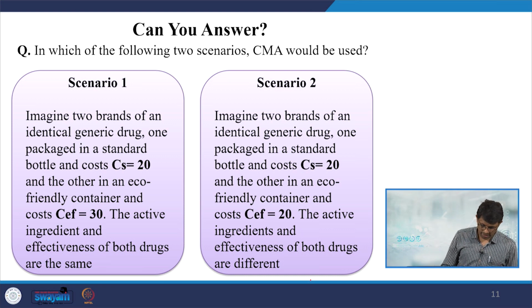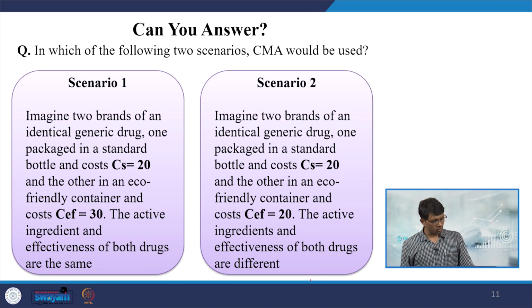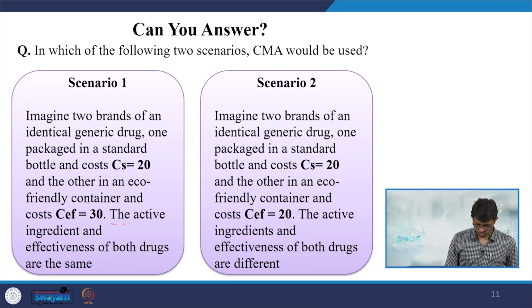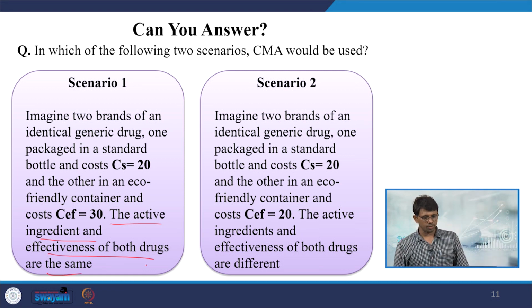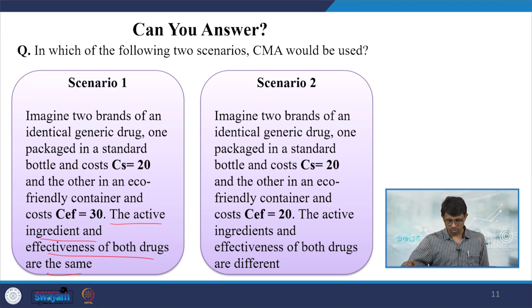So, the active ingredient and the effectiveness of both drugs are the same, that is, the consequence of the outcome is identical, as I just said. In the other scenario, imagine two brands of an identical generic drug, one packaged in a standard bottle at rupees 20, and the eco-friendly container, the cost is even lesser than that of the previous one.